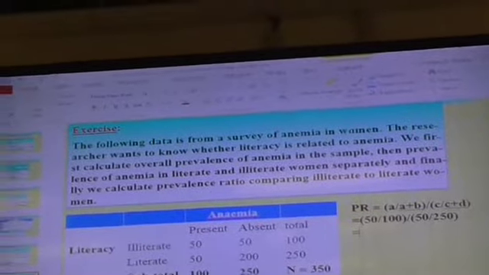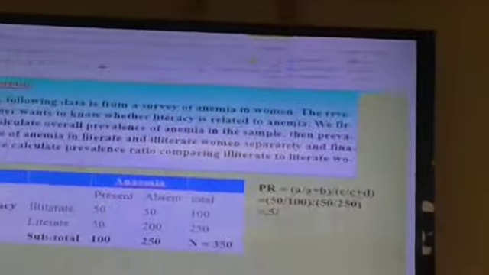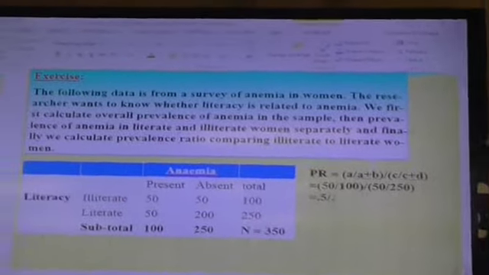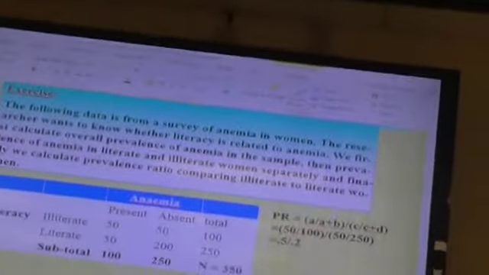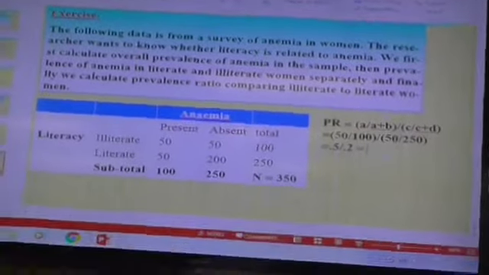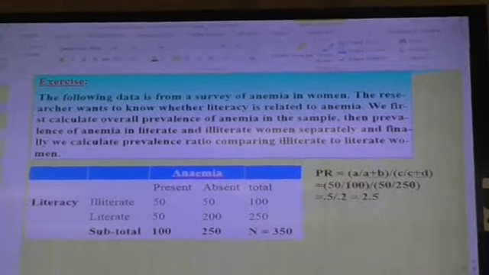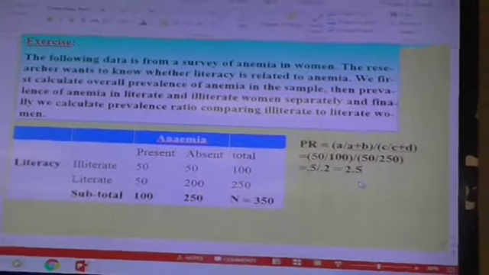So this is 0.5 divided by 1 over 5, which is 0.2, which is equal to 2.5. So this is your prevalence ratio in this case.